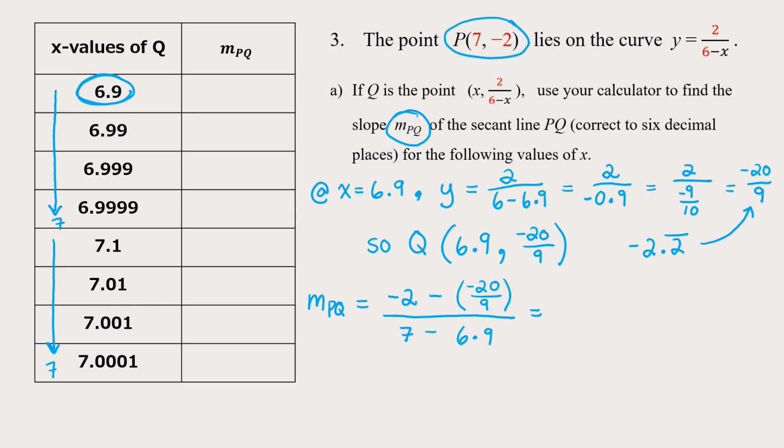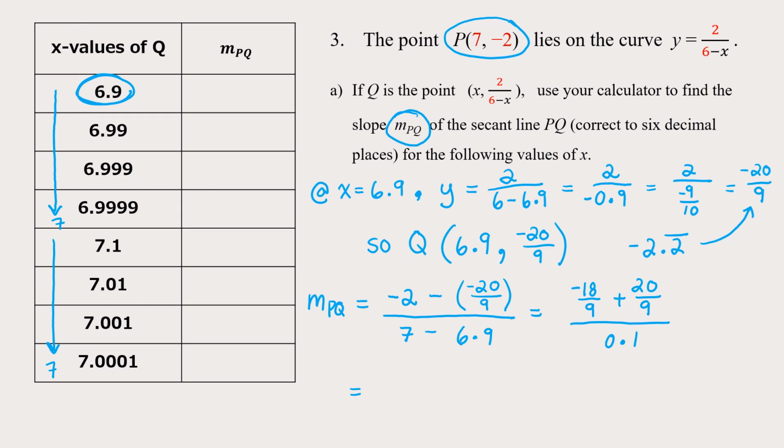So this will be equal to, well, let's rewrite that negative 2 so that we have a common denominator. So that'll be negative 18/9. And then if we're subtracting a negative, that's the same as adding a positive, so adding 20/9, all over 7 minus 6 9/10 gives us that 0.1.